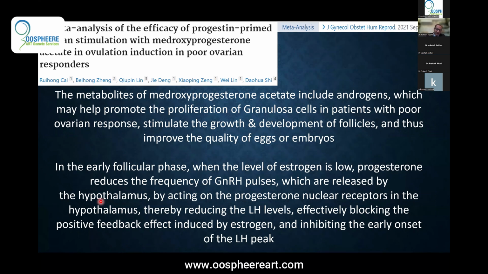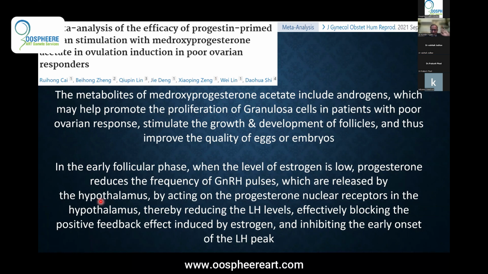Also, in the early follicular phase, when the level of estrogen is low, progesterone reduces the frequency of GnRH pulses released by the hypothalamus by acting on the progesterone nuclear receptors in the hypothalamus. So there are progesterone nuclear receptors in the hypothalamus.